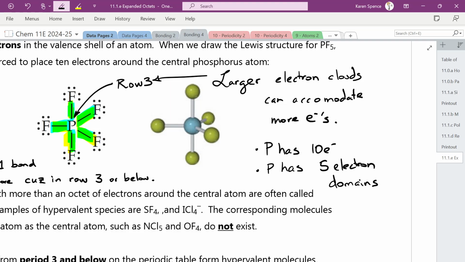Feel free to get out your molecular geometry sheet. It's not trigonal, bro. 1, 2, 3, 4. 5.